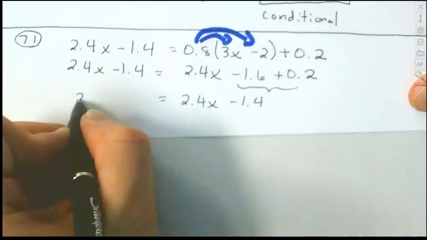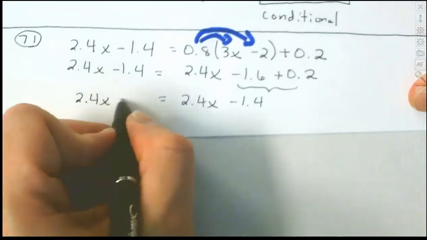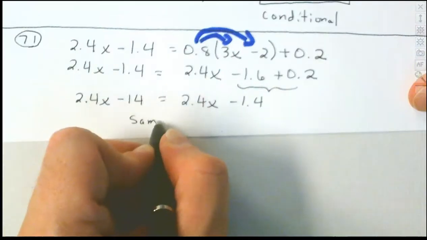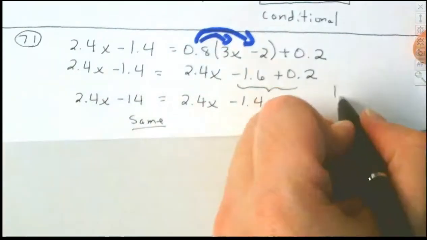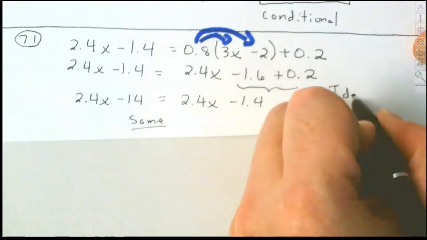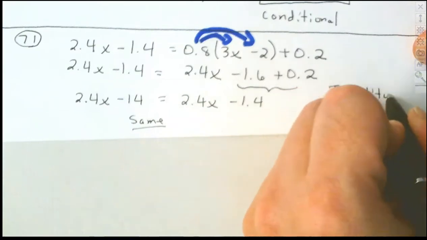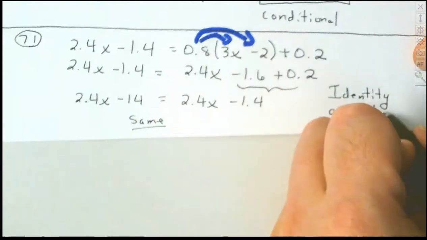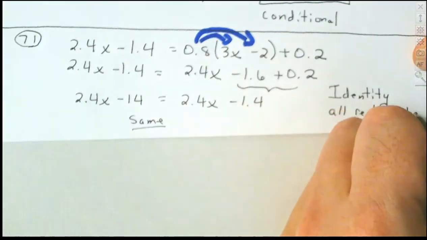And what about the left-hand side? Well, it's the same. So these are the same. So this again is an identity. And what's your solution? All real numbers.